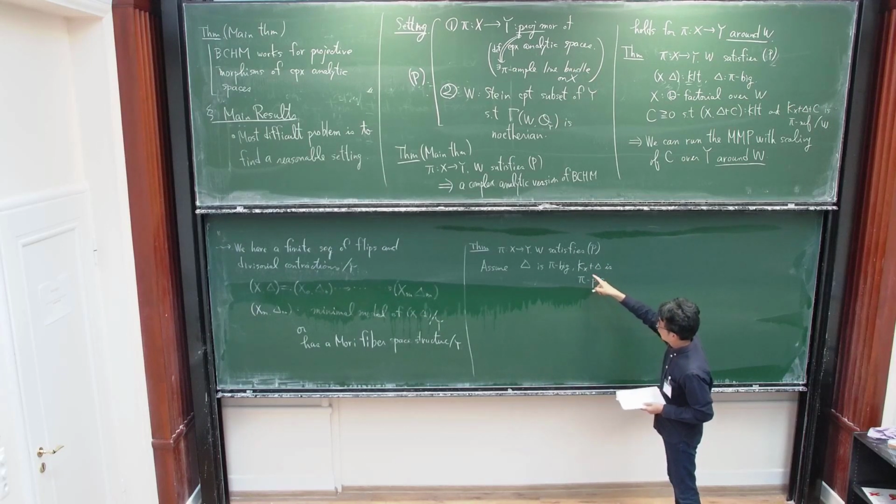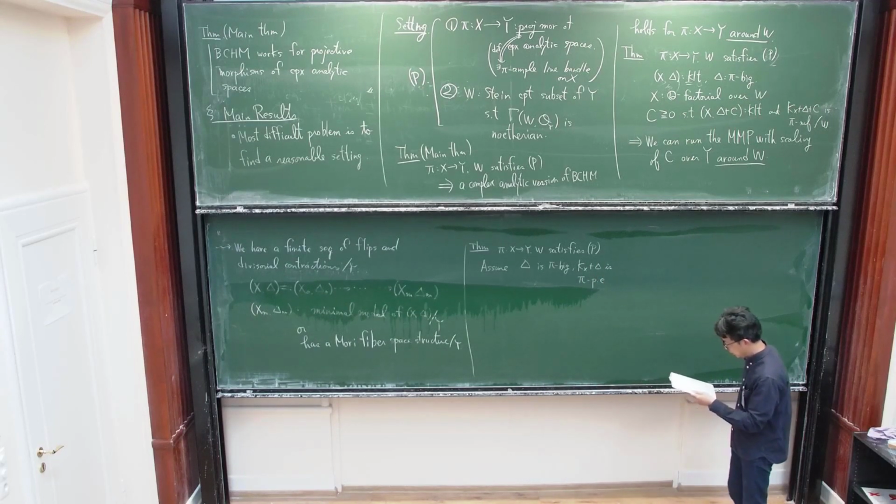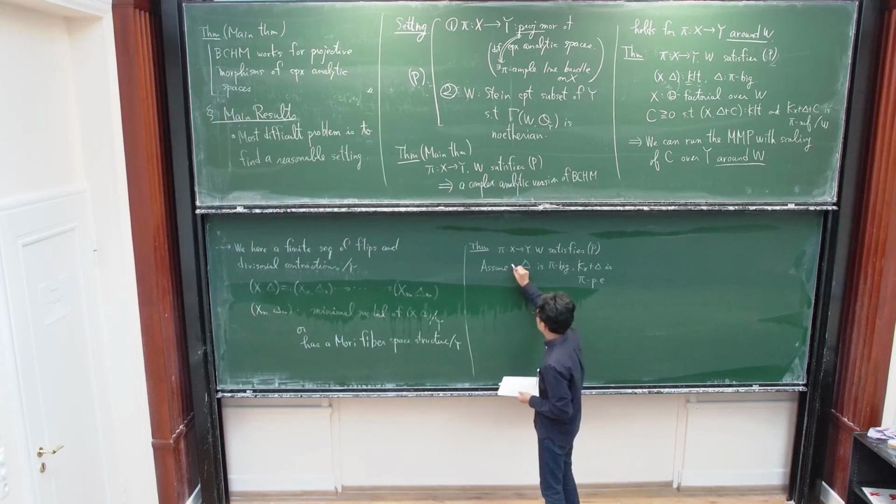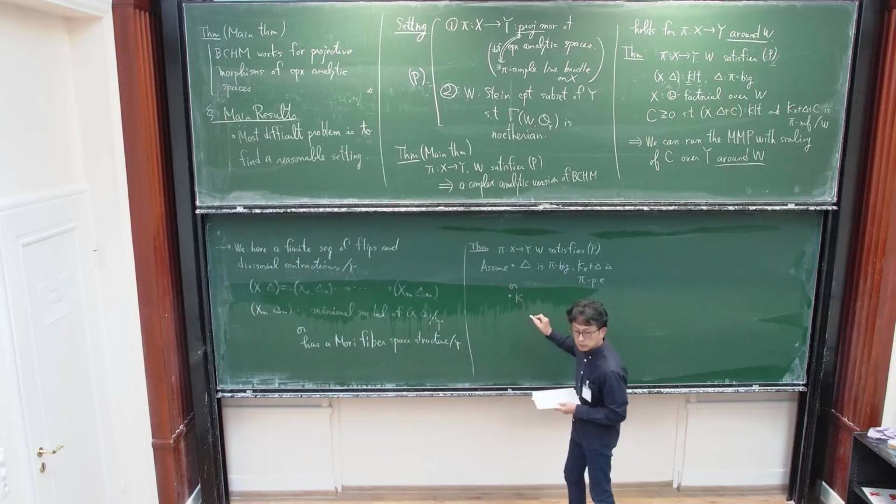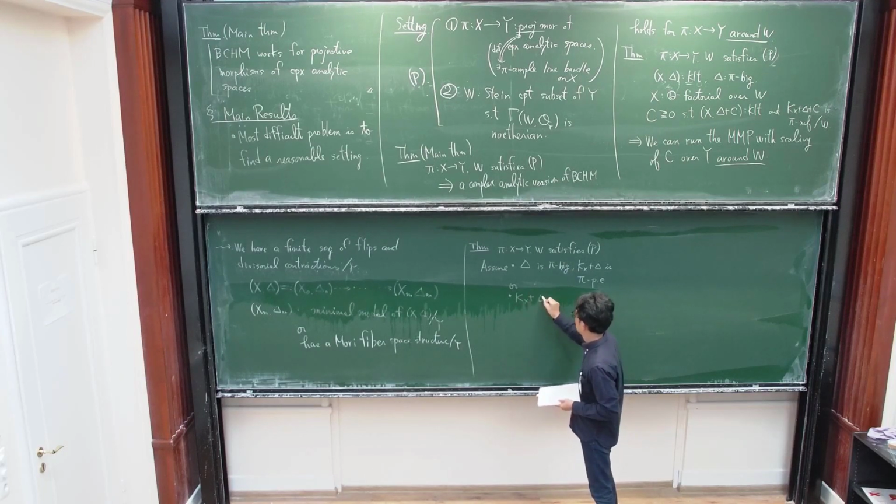This means numerically this is the limit of effective divisors. Or K_X + Δ is π-big.